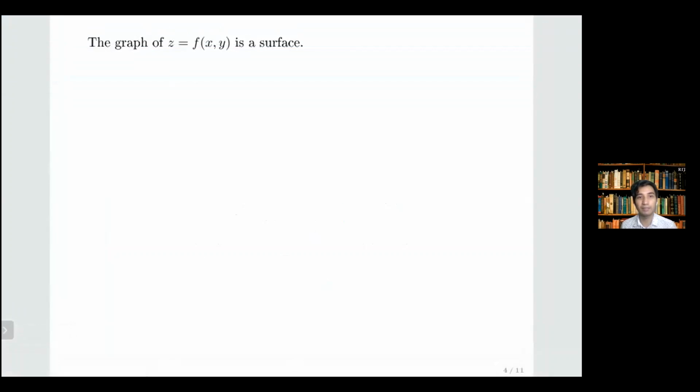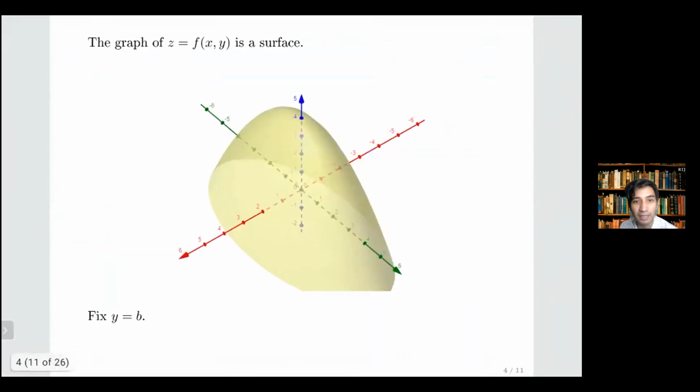So recall, when we have a function of two variables, z equals f of (x, y), its graph is a surface. So for example, that surface. So in step 1, we want to fix y equals b. What does that mean? It means we are looking for all the points on that surface where the y coordinate is equal to b.